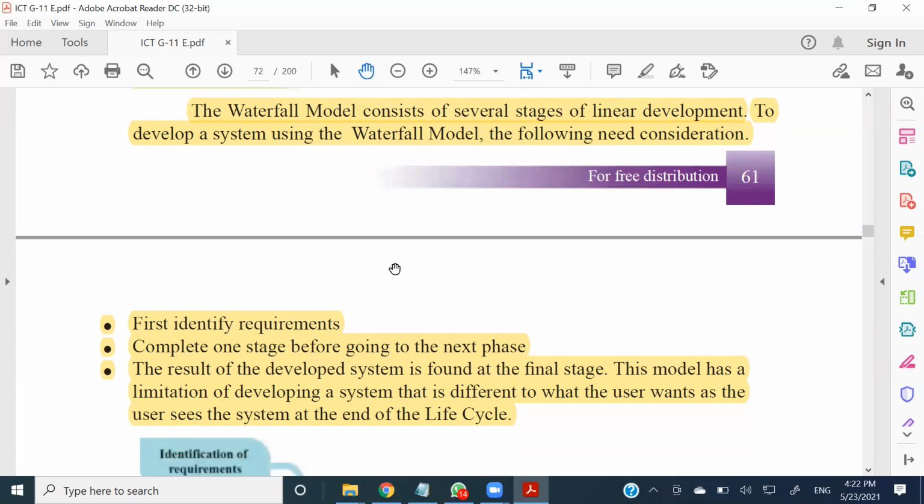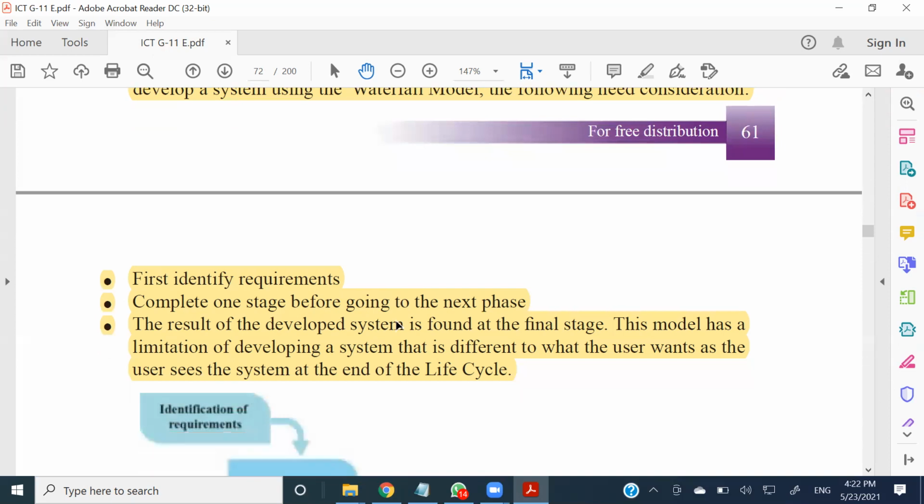So the paper, are you done with drawing? Right. So we can move to the iterative incremental model. Yes.